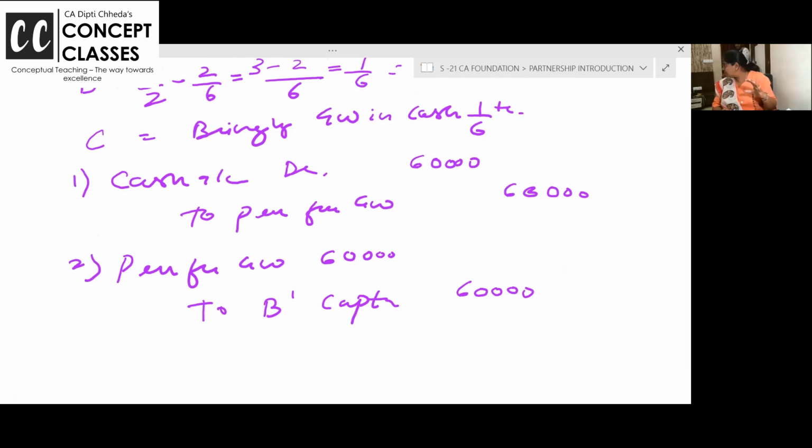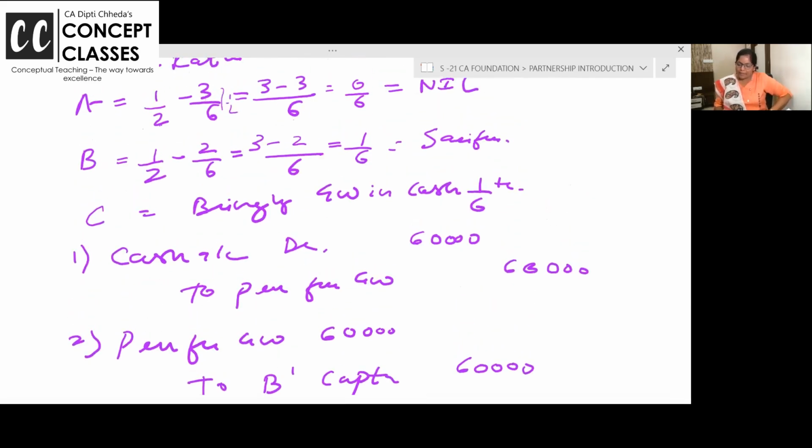These are practice problems. We are just practicing all the concepts. So A, B, and C are partners. C is bringing goodwill 60,000 for 1/6 share. A is neither gaining nor losing. B is sacrificing completely.